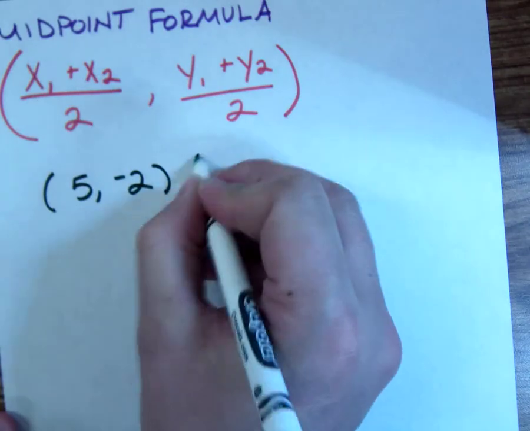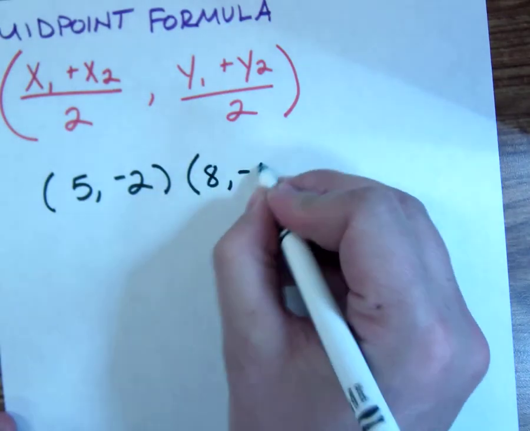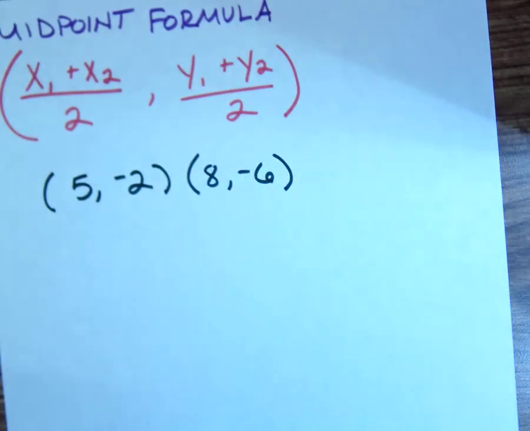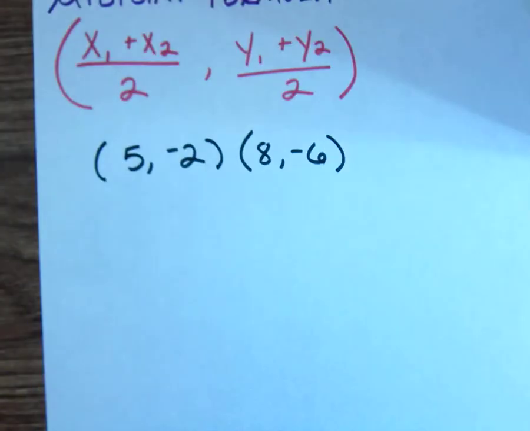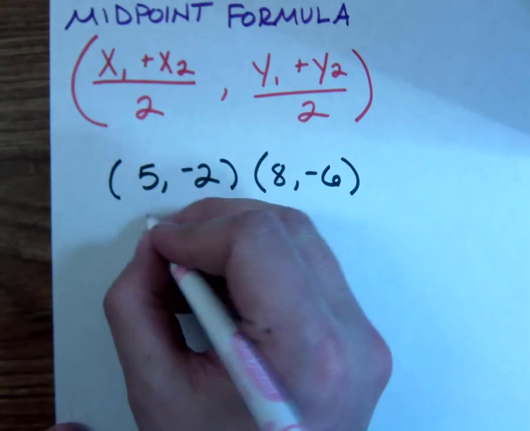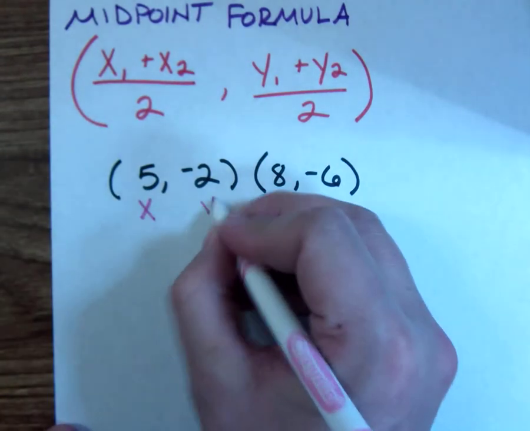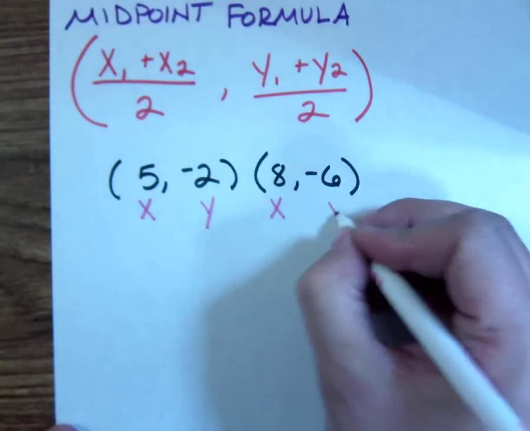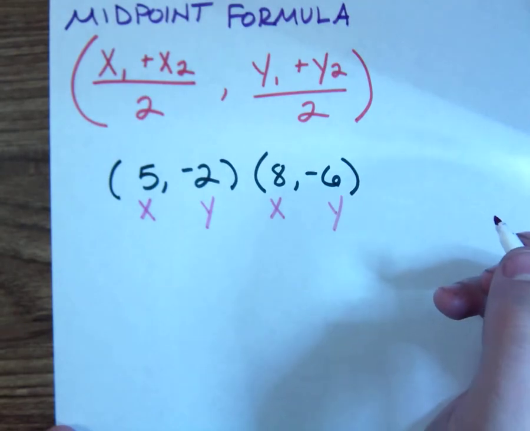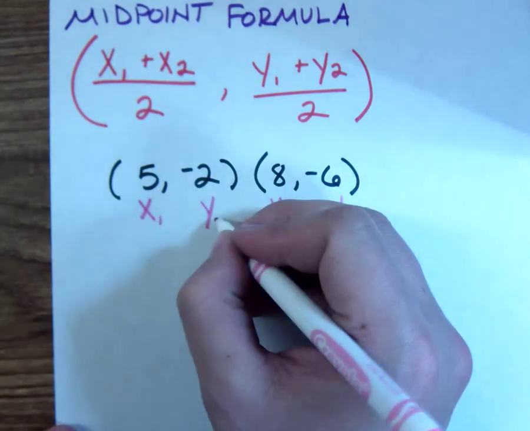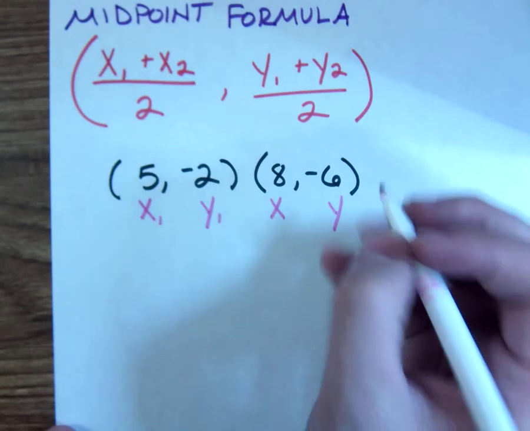Let's say these were the 2 coordinates I gave you. And I asked for the midpoint. Just like with the distance formula, I do need to label them as the x's and y's. So x has to be the first number and y has to be the second. And I'm going to label the 5, -2 as x1 and y1 for no better reason than I wrote that one first.